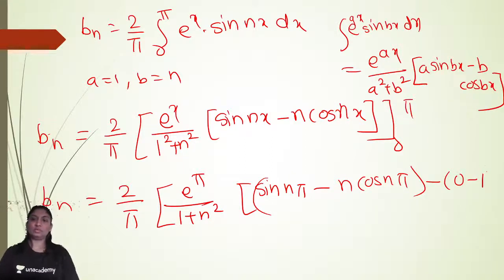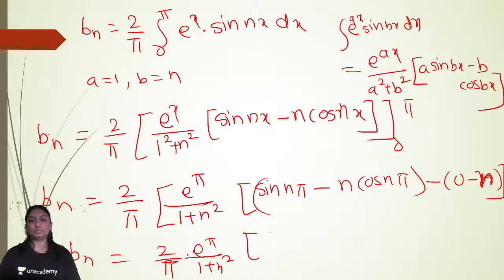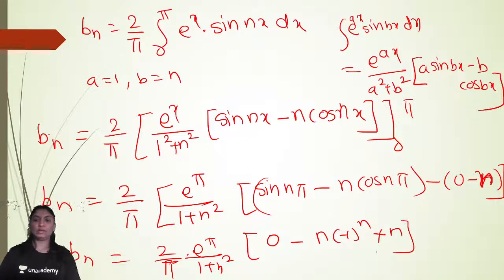So here 0 minus n into 1. So Bn is equal to 2 by pi into e raised to pi upon 1 plus n square. There sine n pi is 0, minus n into cos n pi, which is minus 1 raised to n. And here is minus n, minus minus plus n, right?